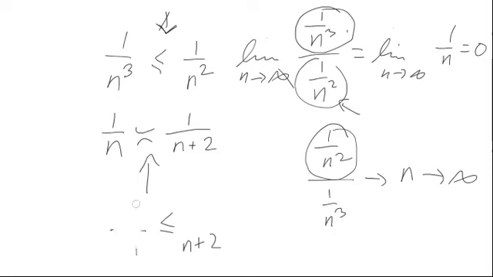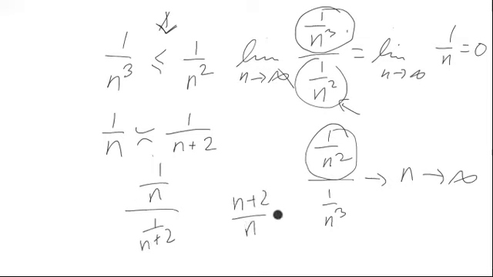Now, one way of seeing that you can get an inequality either way is if when you take a limit of the ratios, you end up getting a constant. Let's see, 1 over n and 1 over n plus 2. This rearranges to n plus 2 over n.